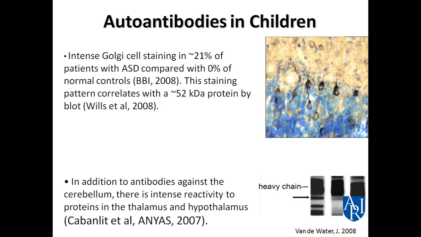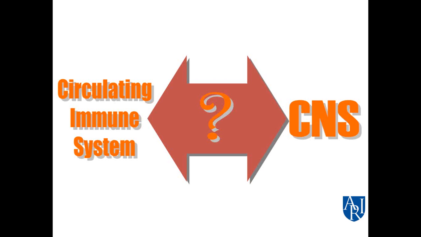A big question we had 15 years ago now was whether the abnormalities being described in the peripheral immune system that you can draw from the blood had any corollary in problems in the nervous system.